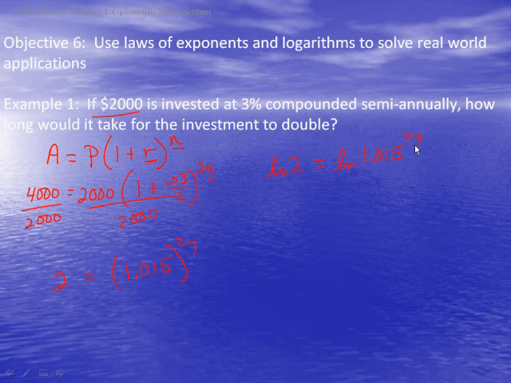And then I would be able to bring this out in front, so that would be the natural log of 2 is equal to 2y times the natural log of 1.015. I would be able to now divide both sides by 2 times the natural log of 1.015. And that would give me the number of years.